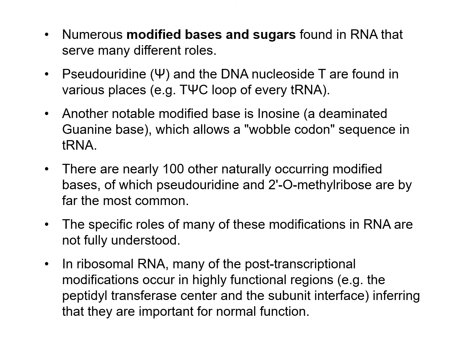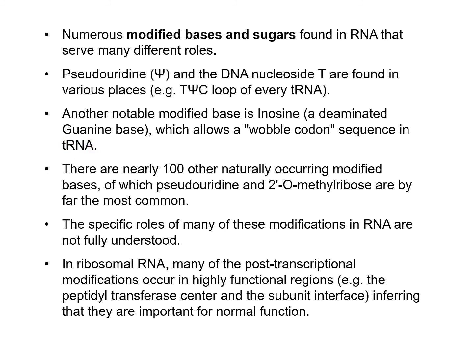For example, pseudouridine, which can be written as Psi, and the DNA nucleoside T are found in various places, for example, the T-Psi-C loop of every transfer RNA. And another notable modified base is inosine, which is a deaminated guanine base that allows a wobble codon sequence in tRNA, which gives flexibility in terms of this tRNA coding some of the amino acids.